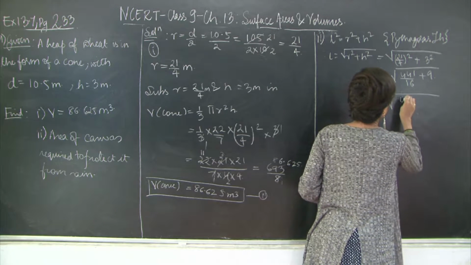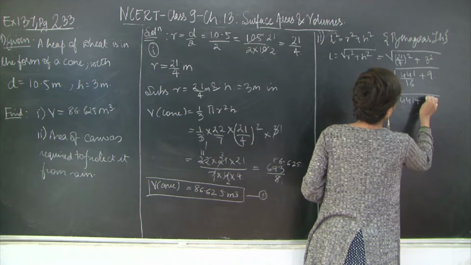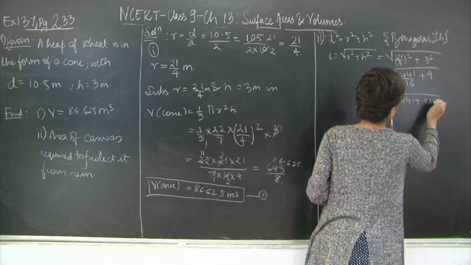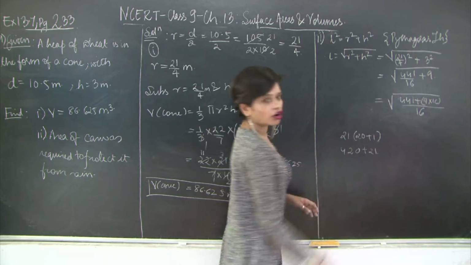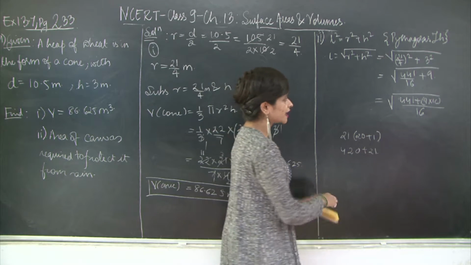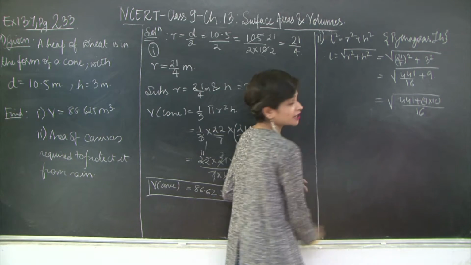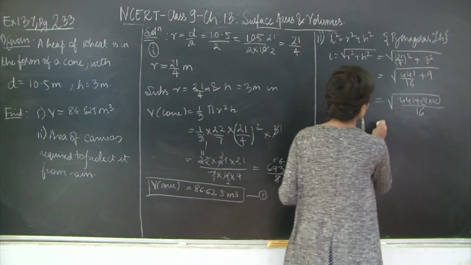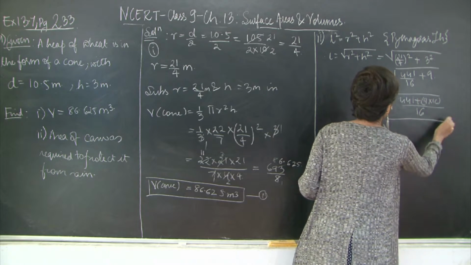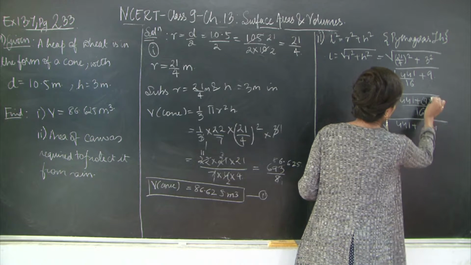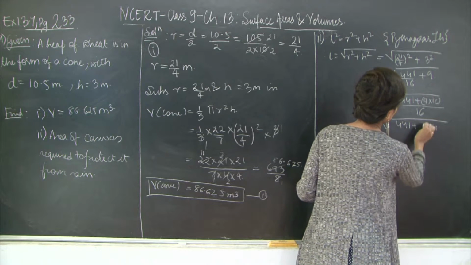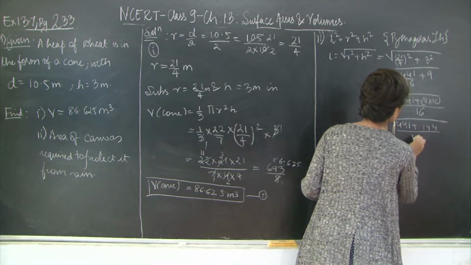This becomes 441 plus 9 into 16 upon 16. So we have taken the common base as 16 and multiplied 9 with 16 in order to take the LCM of the denominator. So you get 441 plus 144 upon 16.